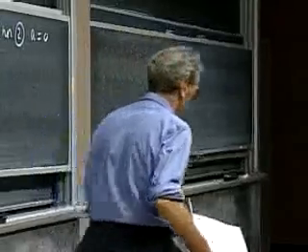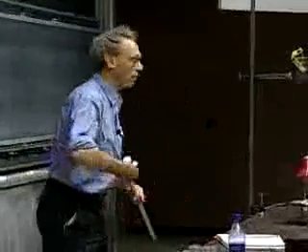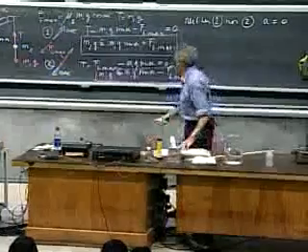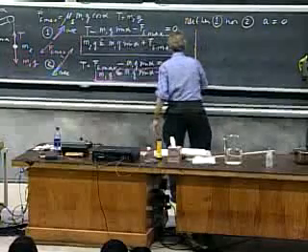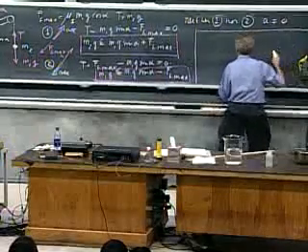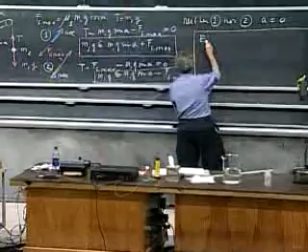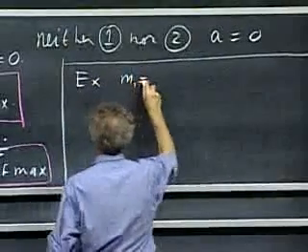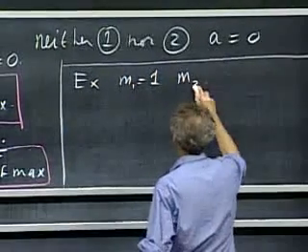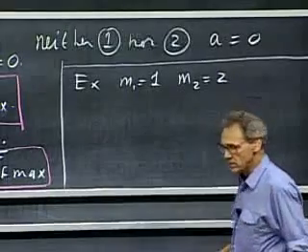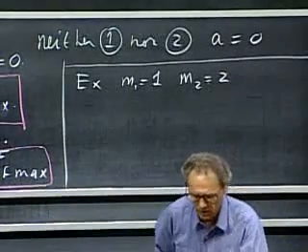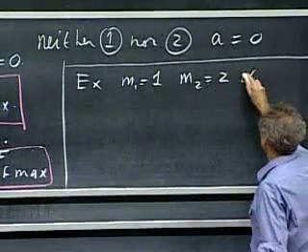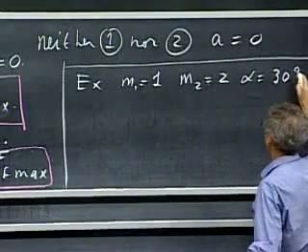Let us take a very simple example so that you see this at work. So we have an example here. And in my example, I have m1 equals 1 kilogram, m2 equals 2 kilograms. Can't make the numbers much simpler. I take alpha equals 30 degrees.